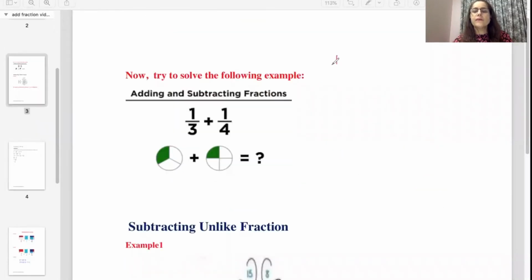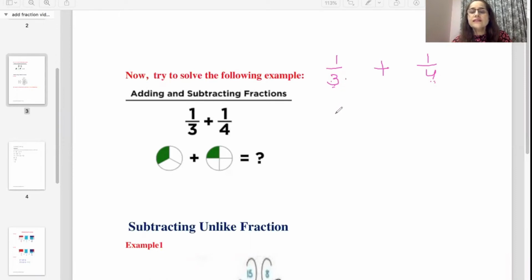Another example we can take: 1 by 3 plus 1 by 4. Now we see different denominators, it is unlike fractions, but how to add it? We need to make the denominators equal. If 3 is multiplied by 2, we will get 6, but 4 we cannot make into 6.